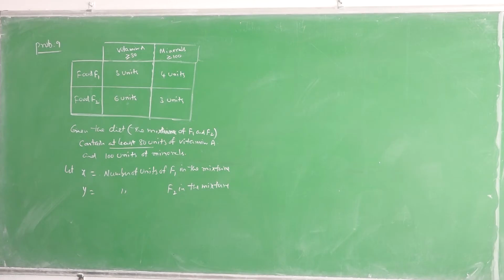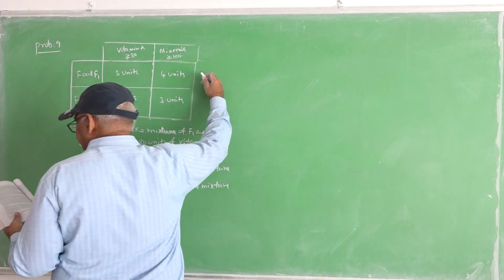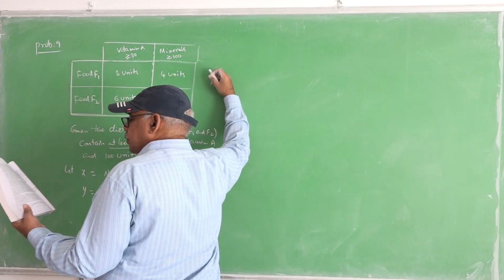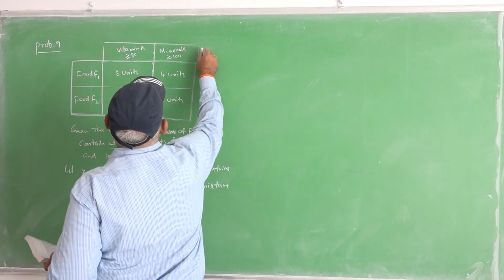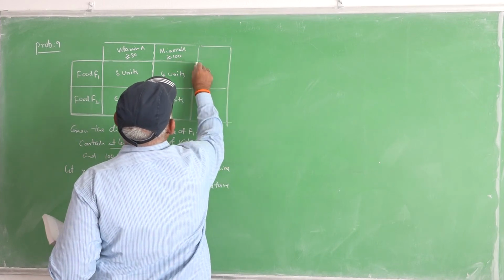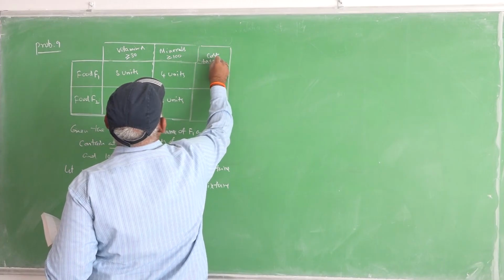So the objective function is here. Let us take the cost function, the minimum cost. Cost is also taken as the third column here, the cost for each unit.